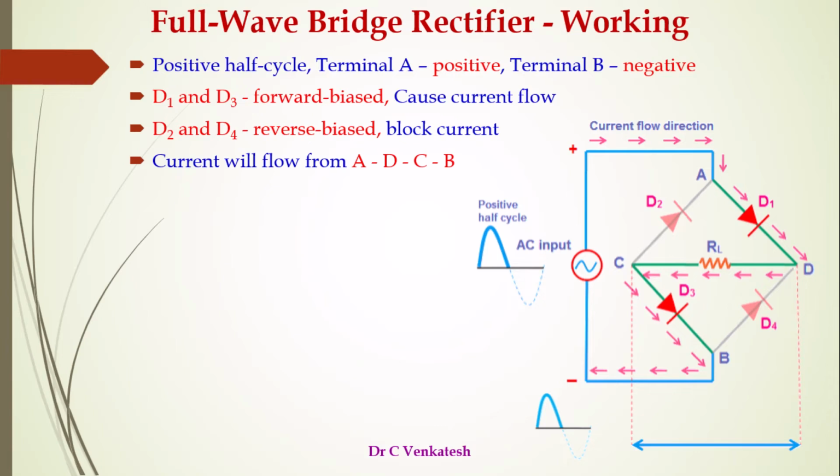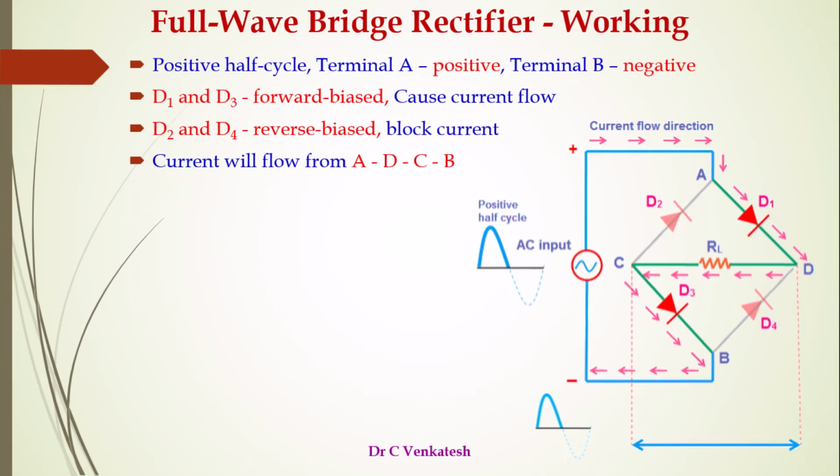At the time of the positive cycle, the diode between A and D, if point A is positive, D1 is forward biased. It acts as a closed switch, and current flows from A to D. Then terminal C is positive, D3 is forward biased, a closed switch, and current flows through it.